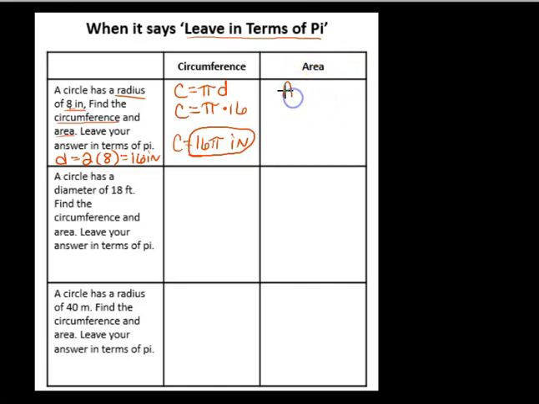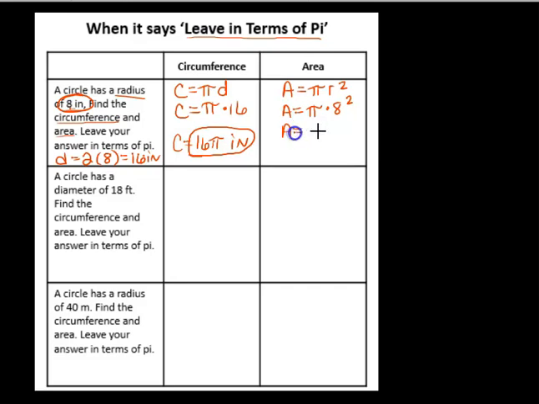Area, same thing. We start with our area formula. Area equals pi r squared. So I need to make sure I get my radius this time. My radius was 8. So it's going to be pi times 8 squared. I know 8 times 8 is 64.